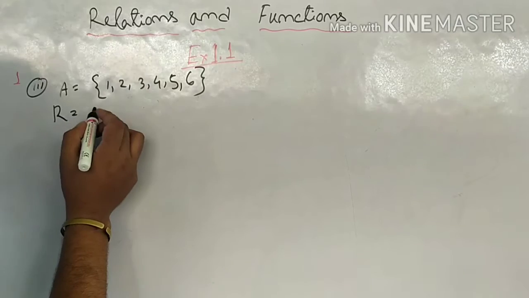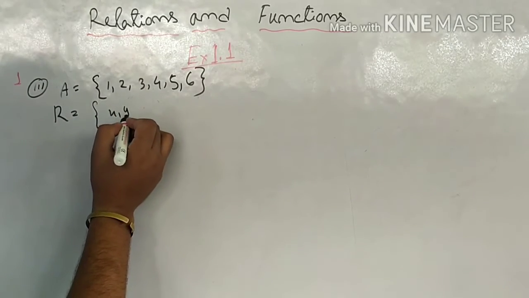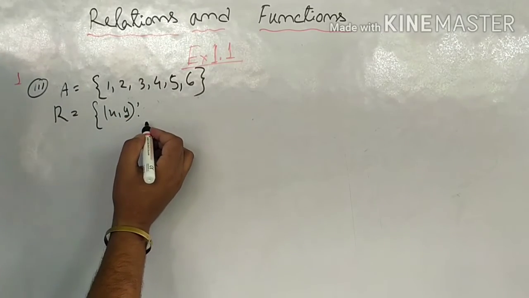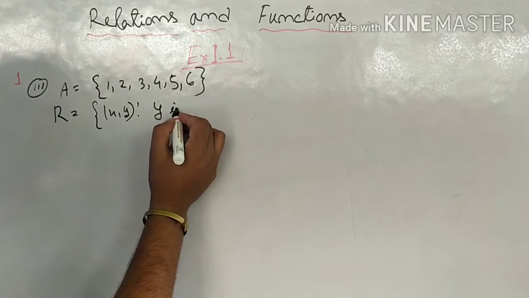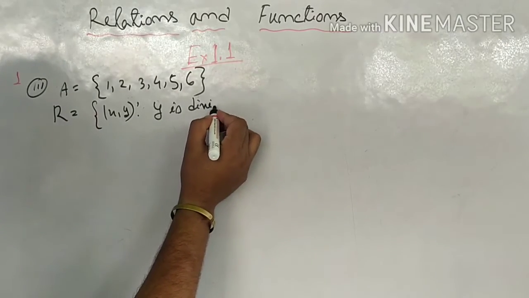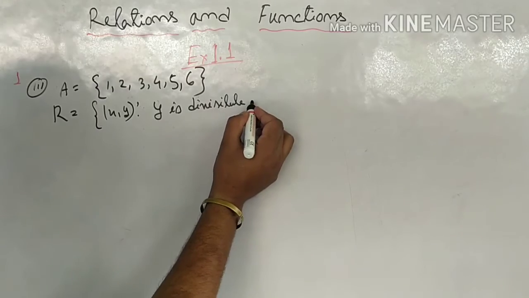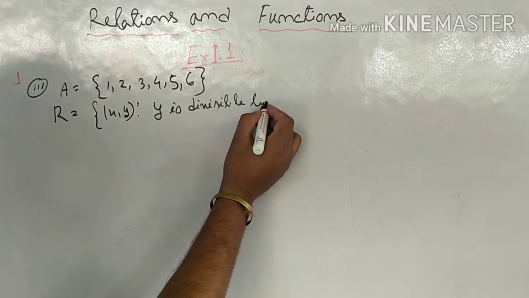where R = {(x, y) such that y is divisible by x}.